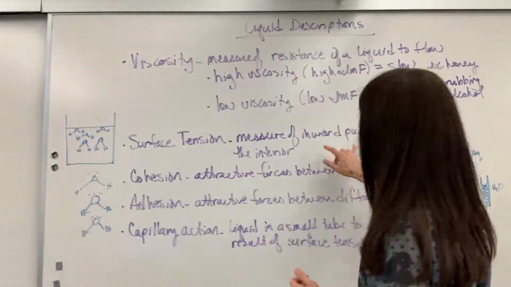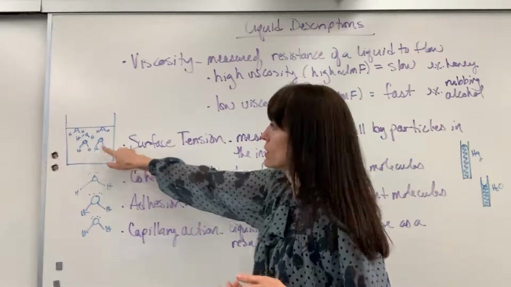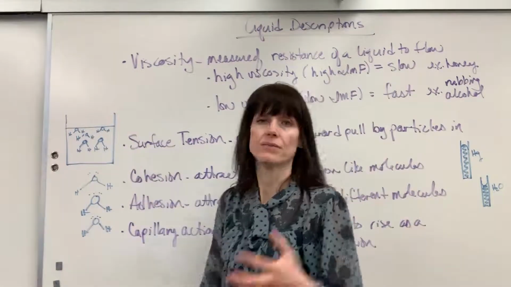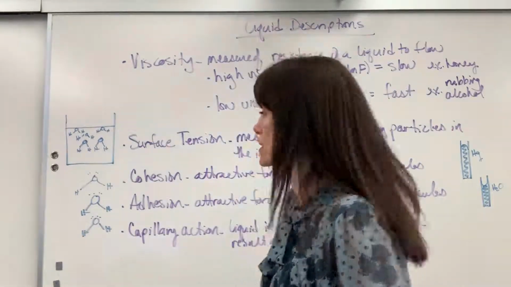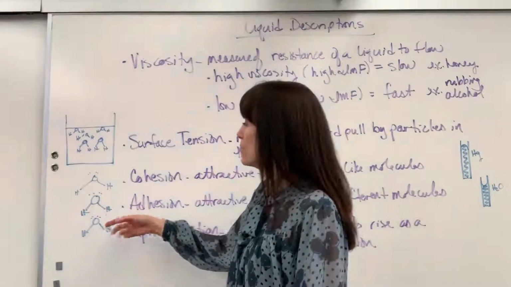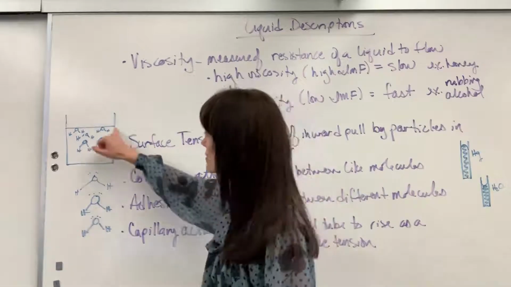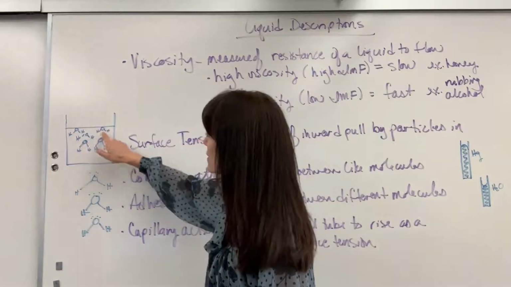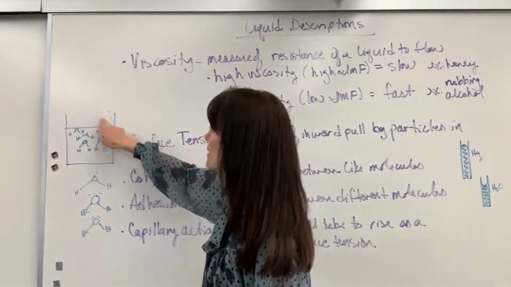Now notice this inward pull right here. I drew a little diagram for you. So we have the liquid, the water, and the water, very polar, has hydrogen bonding, dipole, London dispersion forces. There's going to be this intermolecular interaction between the water molecules, except at the very top. At the very top, we have these water molecules, and they're being attracted downward, but there's nothing attracting them up.